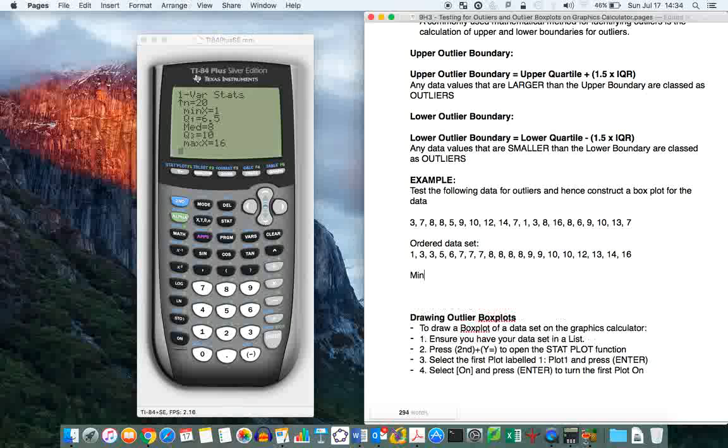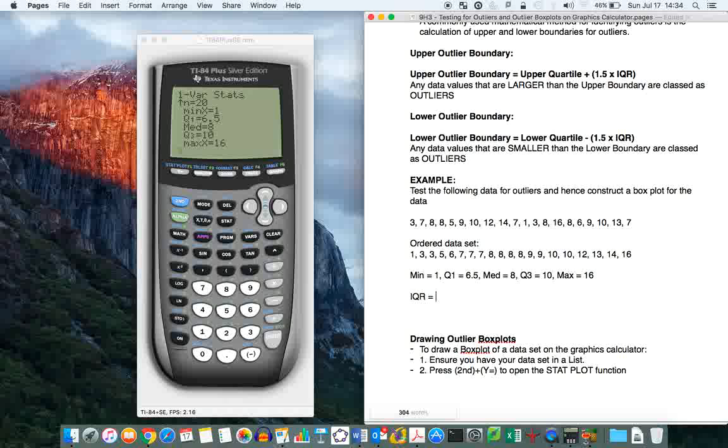Min is 1, Q1 is 6.5, median is 8, Q3 is 10, max is 16. But I'm only trying to work out what the interquartile range is, and I also need those quartiles. So IQR is Q3 minus Q1, which is 10 minus 6.5. That's going to be 3.5.